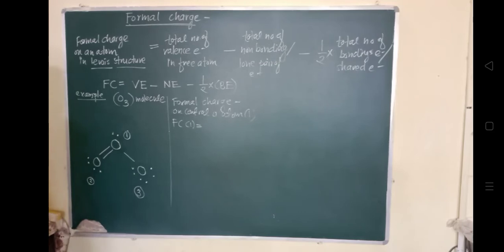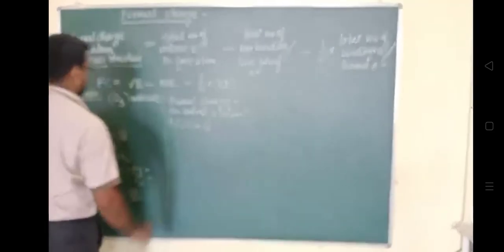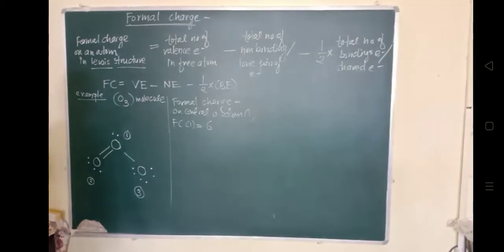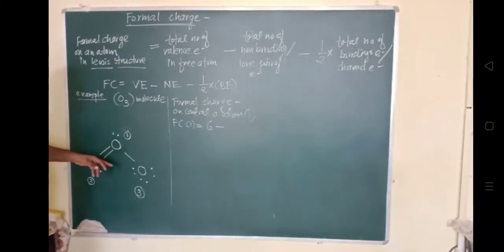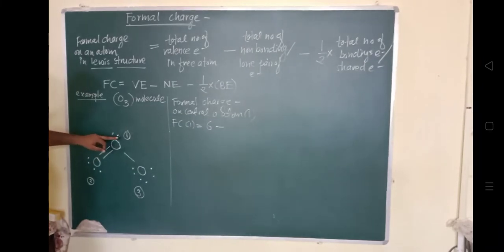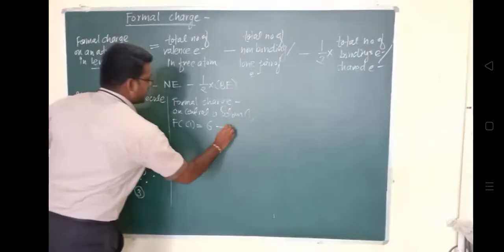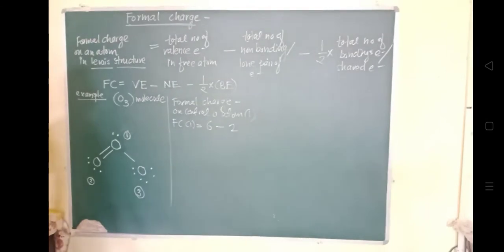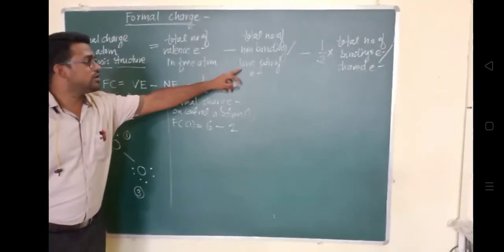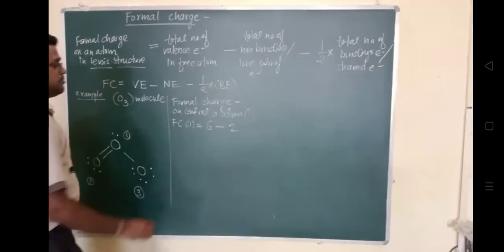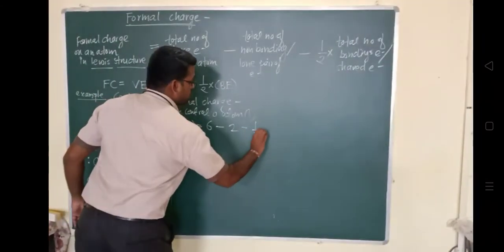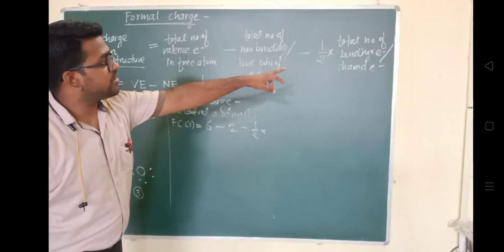How many valence electrons does oxygen have? Oxygen has 6. Okay, 6 are the valence electrons, minus the total number of non-bonding electrons. How many non-bonding electrons are there? In the first one there are 2, the lone pair of electrons. Then minus 1 by 2 multiplied by the total number of bonding electrons.